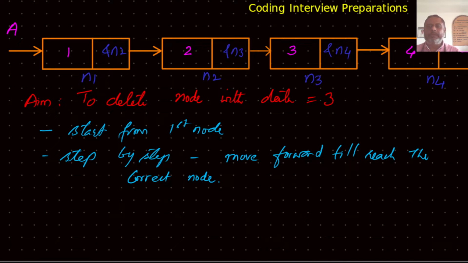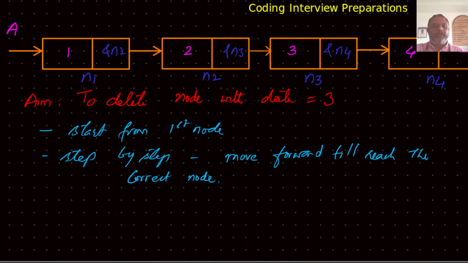Node 4 being the last one, we don't have anything to write, so null is written here, which tells that there are no more nodes available after this. That's the end of it. Symbolically we can also represent it in this way, saying that's the end of the list, so no more nodes available after this.